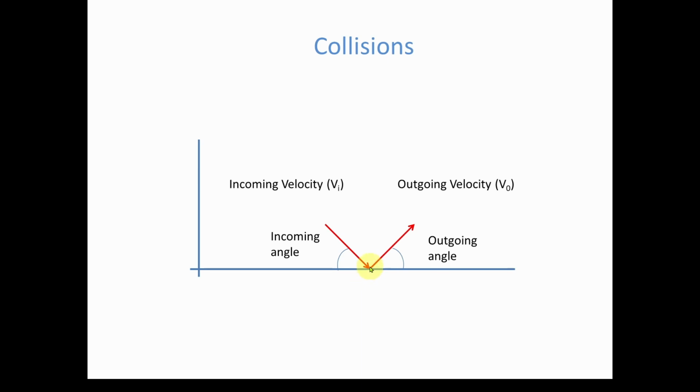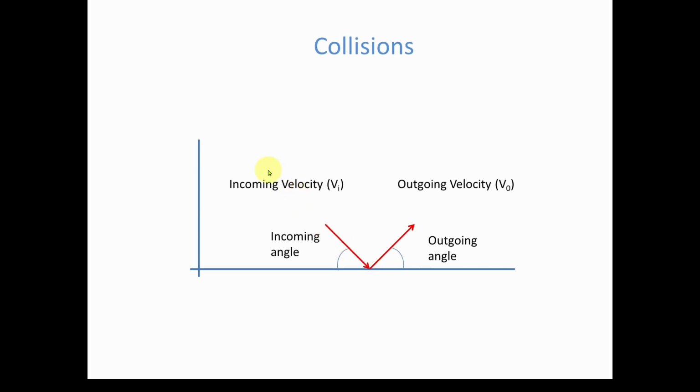What else do we need to figure out? Well, the velocity coming in, the speed, the feet per second coming in, may or may not be the same as the feet per second going out. So for example, say you've got a very bouncy ball and it hits the ground, it's going to bounce back up at a very similar speed to when it hit the ground. On the other hand, if you have a lump of clay and it hits the ground, the outgoing velocity is going to be almost zero, or it is going to be zero.